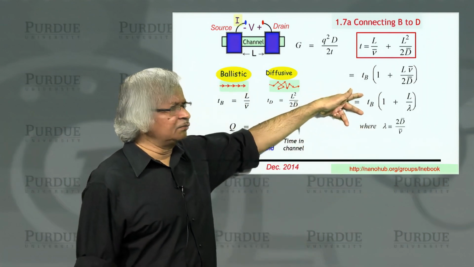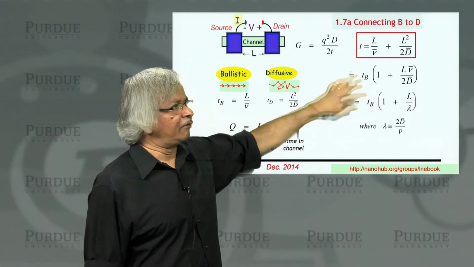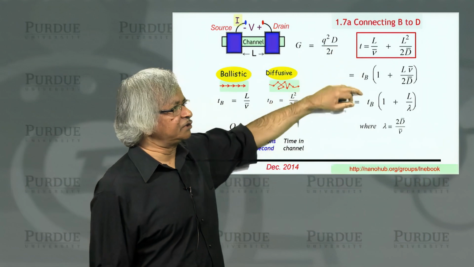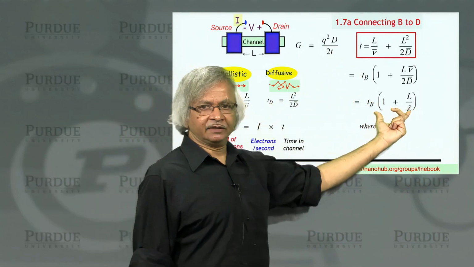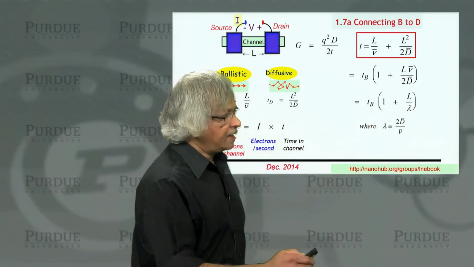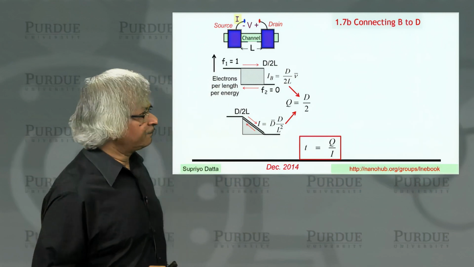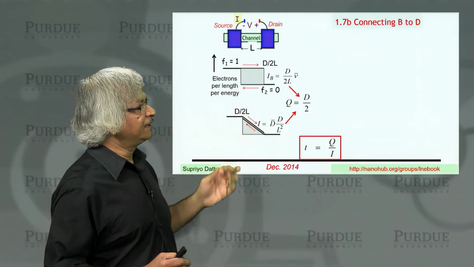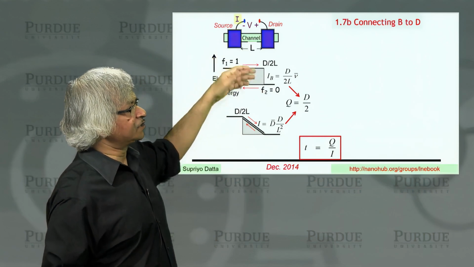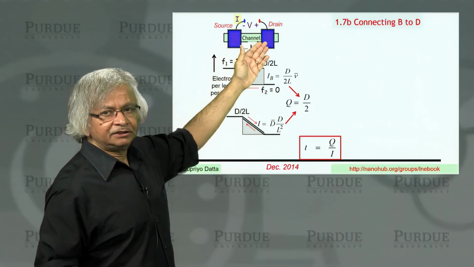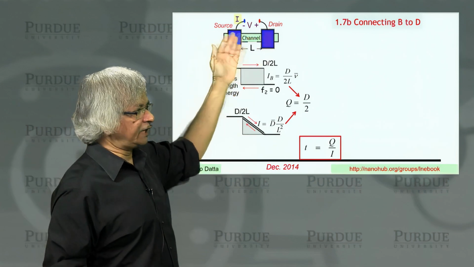So let me say a little more to justify why we might expect this: why the transfer time should be given by the ballistic time times this 1 plus L over lambda. Now, what we did in the last lecture, if you remember, when I was trying to justify this diffusive time, is we said, well, let's just look at the electrons in the channel and relate it to the flux.